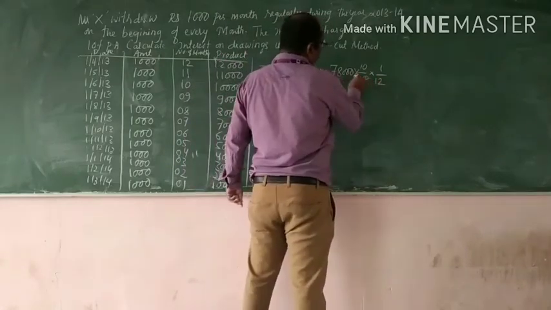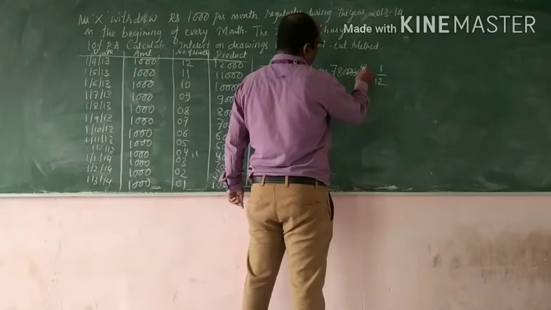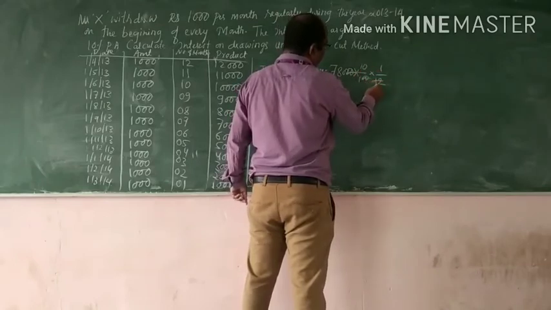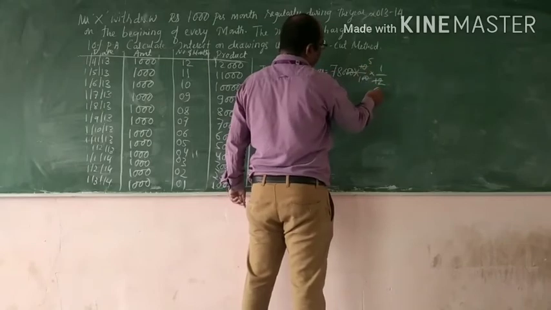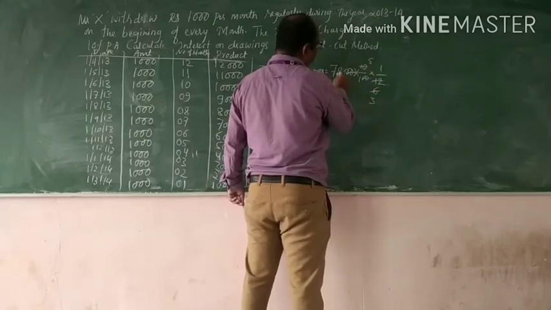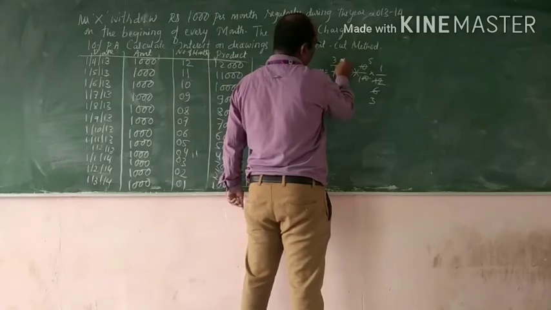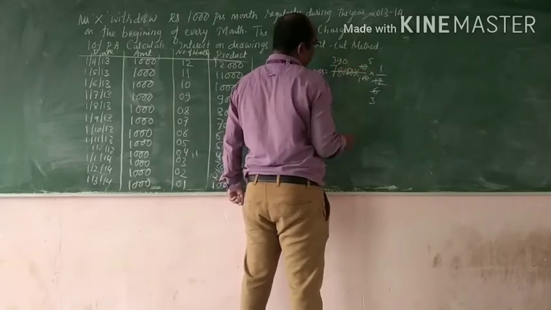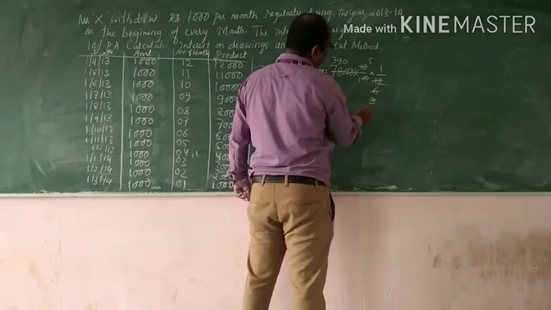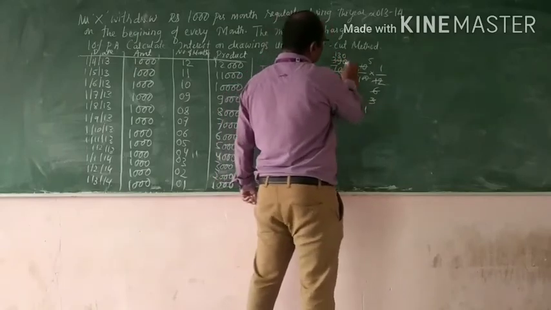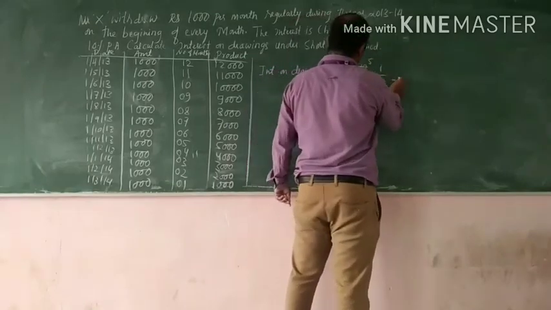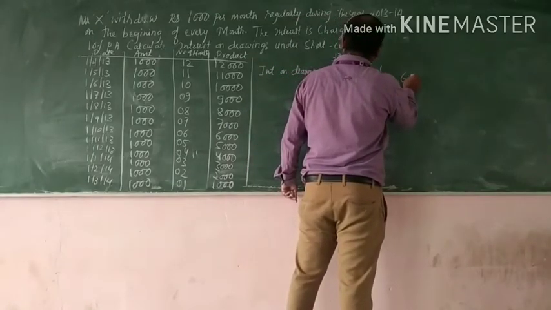So the 0 is cancelled. 2 6 are 12, 2 5 are 10, 2 3 are 6, 3 1 3 is 13, so 130 into 5 equal to 650.